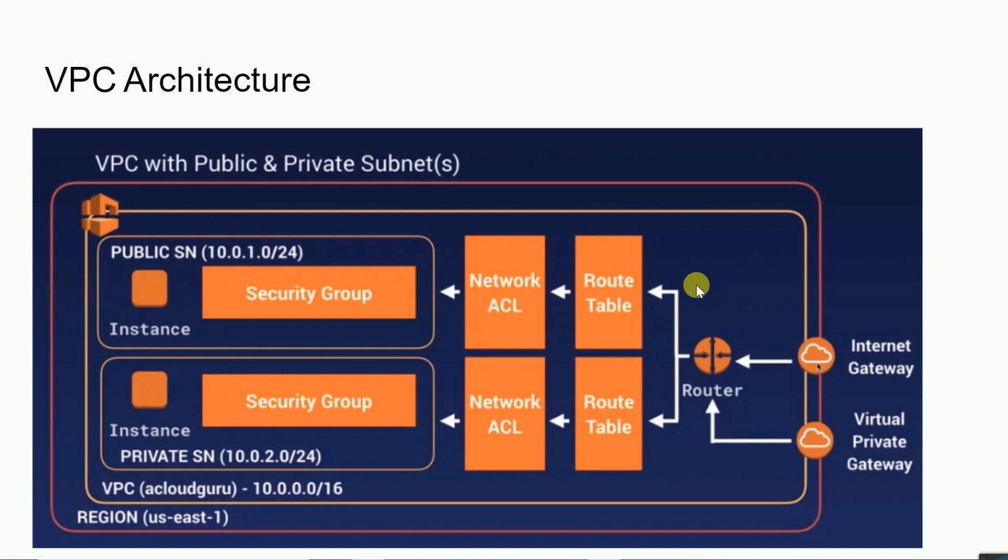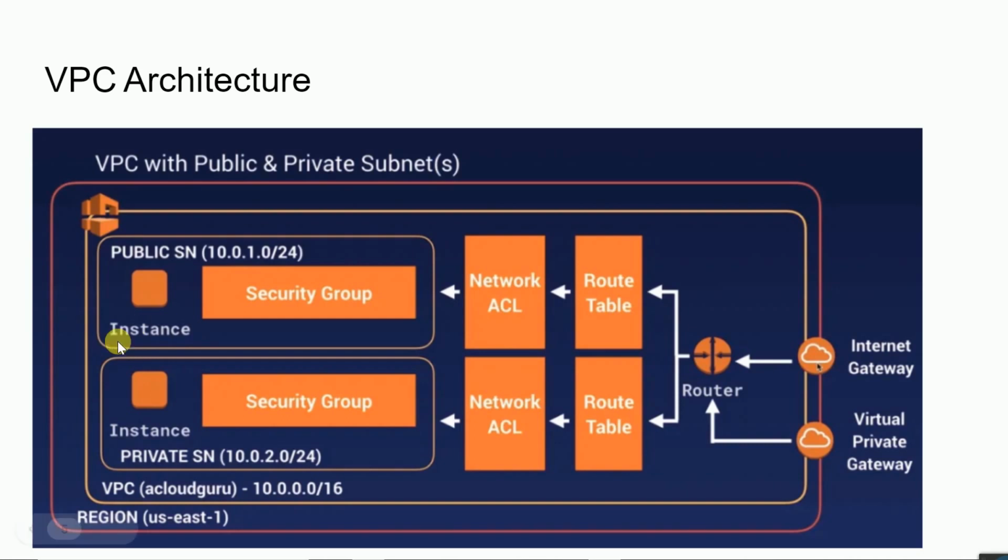Now we are going to set up a custom VPC where we are going to set up multiple subnets, route tables, and an internet gateway. So this is the architecture we are going to replicate with AWS VPC.